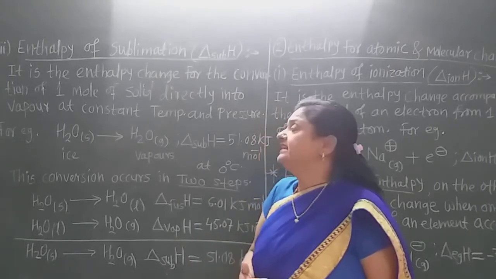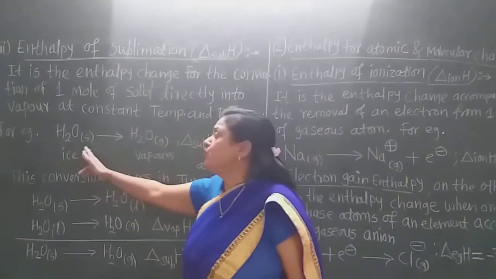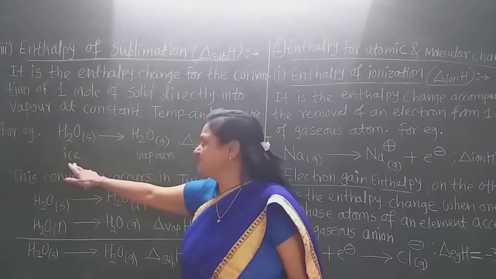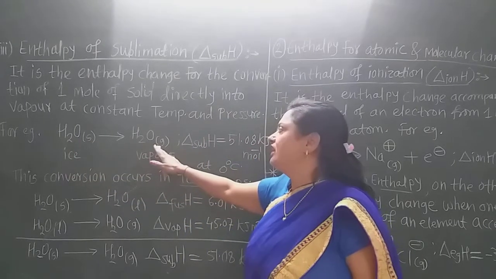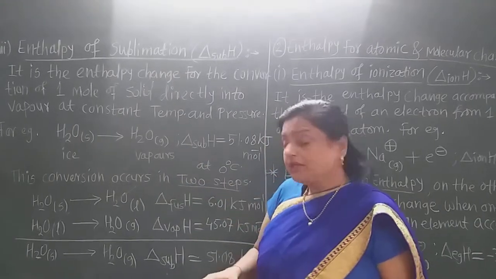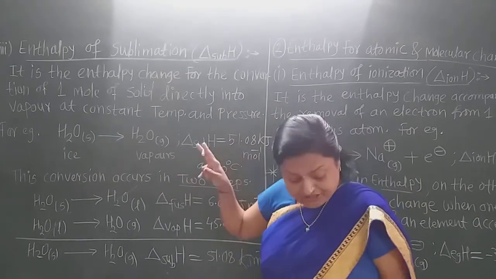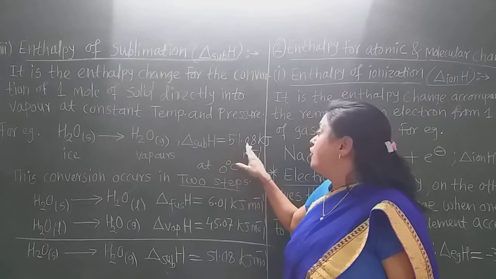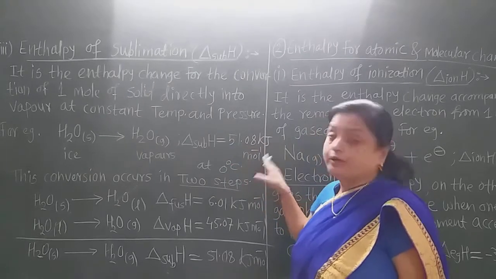Now let us take the example of 1 mole of ice. Solid water means ice. When converted into gas, that is water vapor, at that time the delta sublimation H is found to be 51.08 kilojoule per mole.